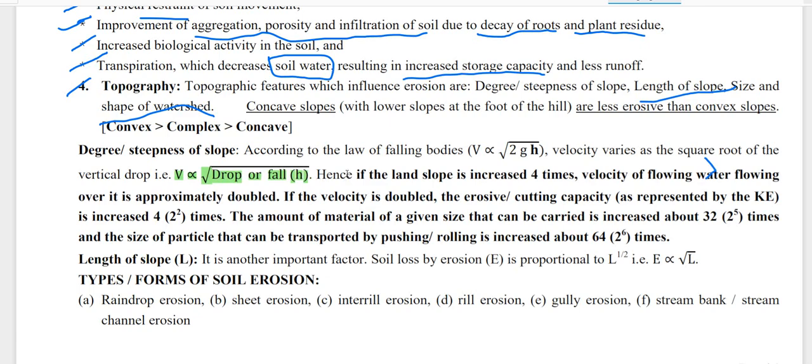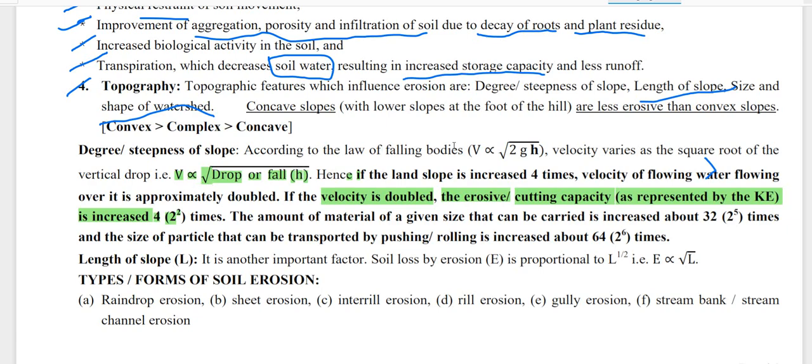It means if the land slope is increased by 4 times, then the velocity of the flowing water approximately gets doubled. The velocity will be doubled, and the erosion or cutting capacity, that is the kinetic energy, will also become 4 times, meaning it is directly proportional to v squared.